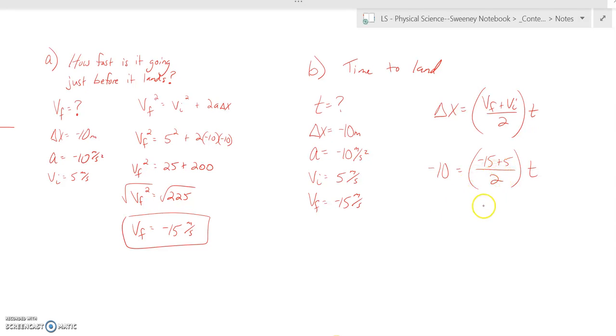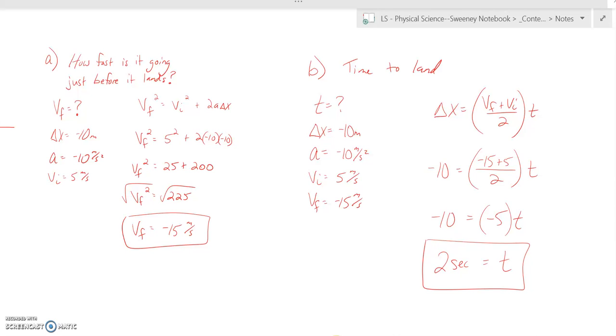Simplifying the parentheses there, negative 15 plus 5 is negative 10, over 2 is negative 5. And so negative 10 divided by negative 5 is 2. So it takes 2 seconds for this ball to land.